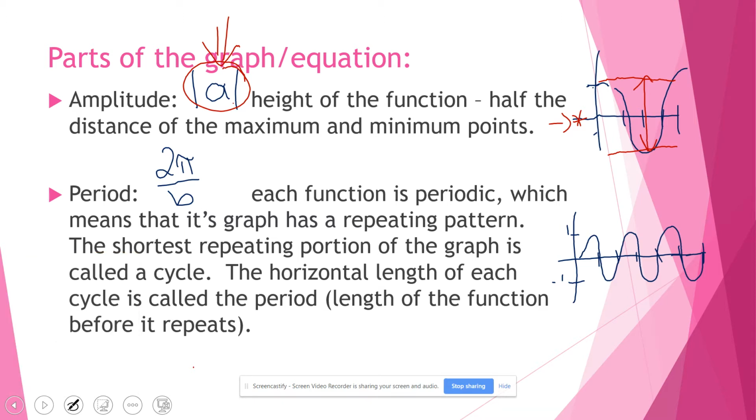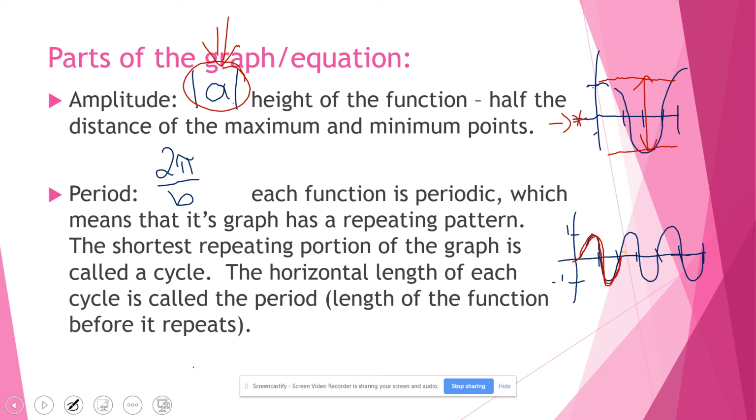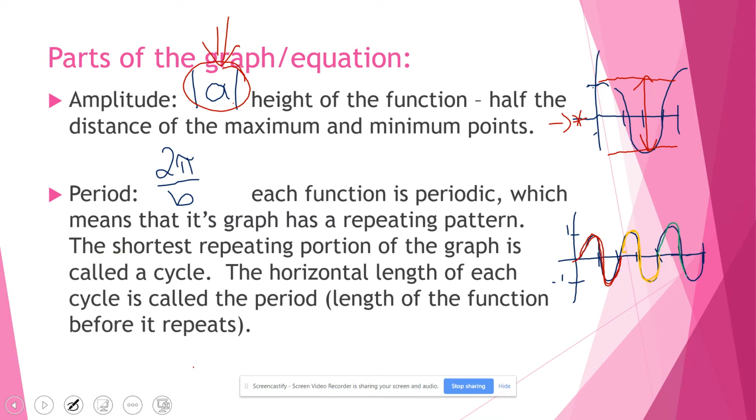A period is where you have one cycle in that pattern. So this red right here is one cycle of the pattern that I drew. And then this repeats that pattern, and this repeats that pattern. So one cycle, one period, is the very first start to stop of that pattern.